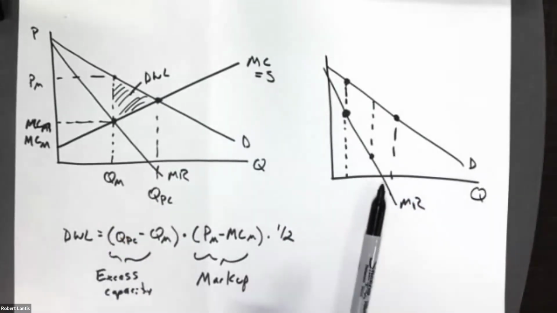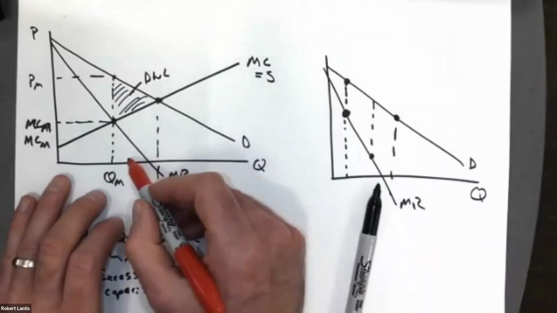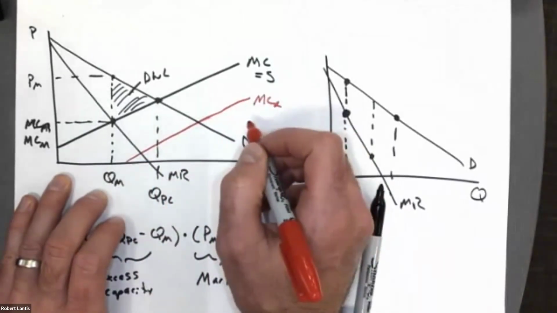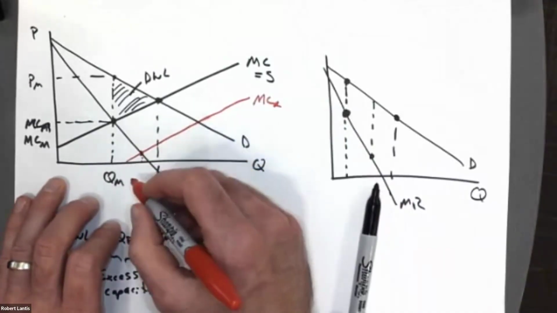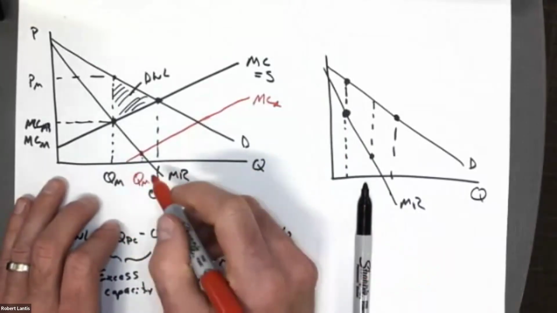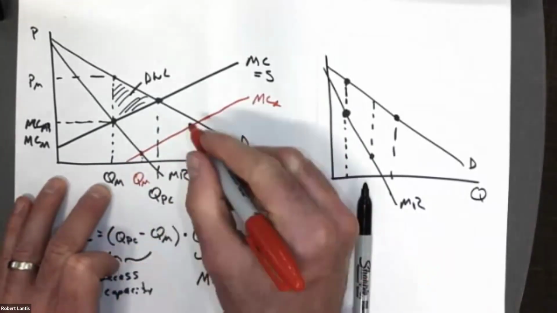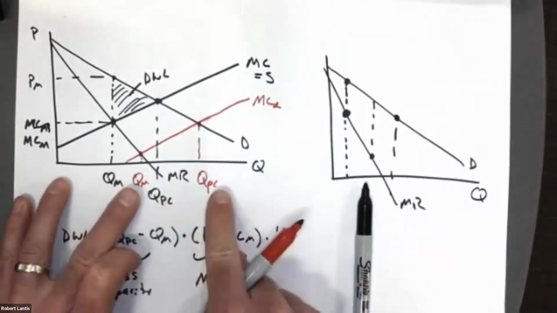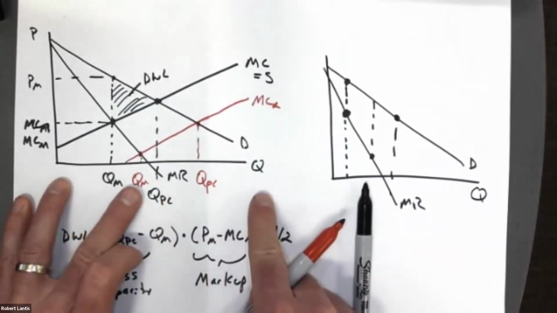So if I have lower marginal costs, what's going to happen? I'm now going to be out at a higher quantity, right? But notice the gap in between the quantity and the perfectly competitive quantity is going to be getting larger.